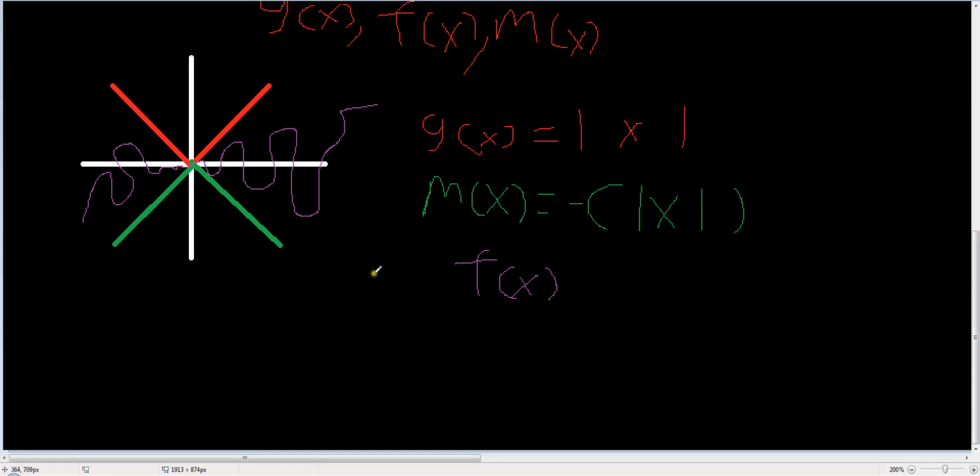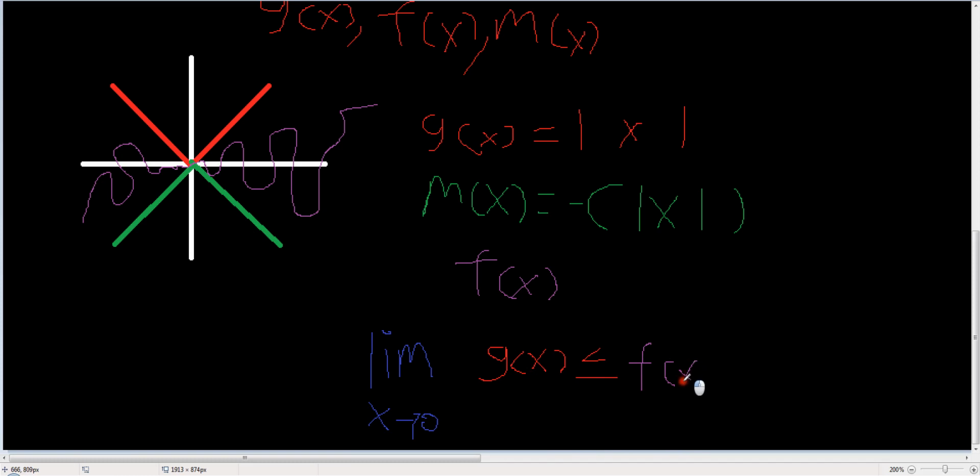Now let's set up the equations. The limit as x approaches 0 of g of x is less than f of x.